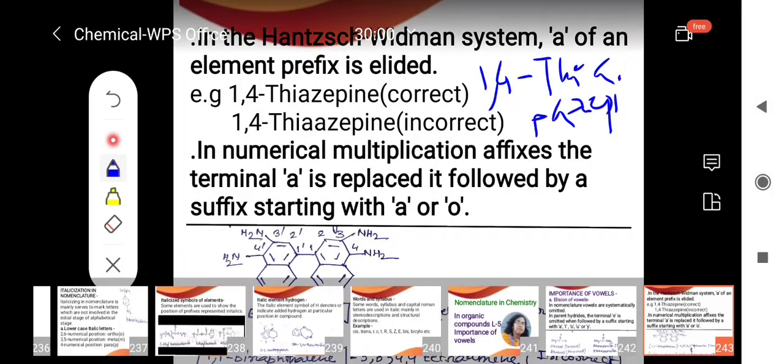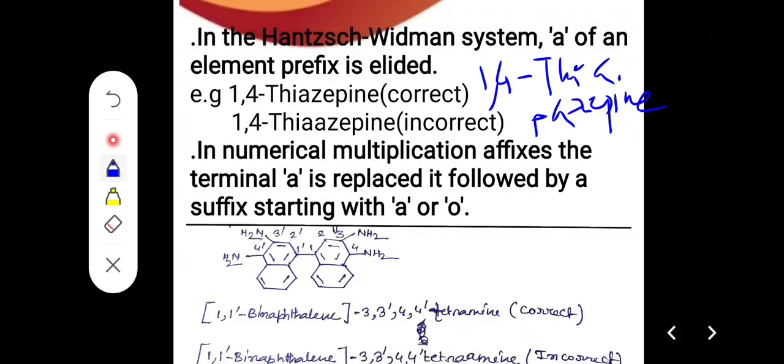So two consecutive A's are not placed together. In that case, one A is omitted. So 1,4-thiazepine is the combination of 1,4-thia and azepine, both having A in the middle of the structure, but two A's are not placed together, so we have to omit one A.